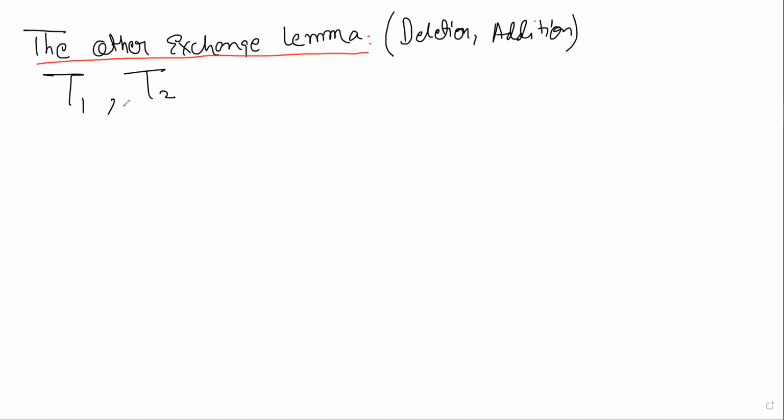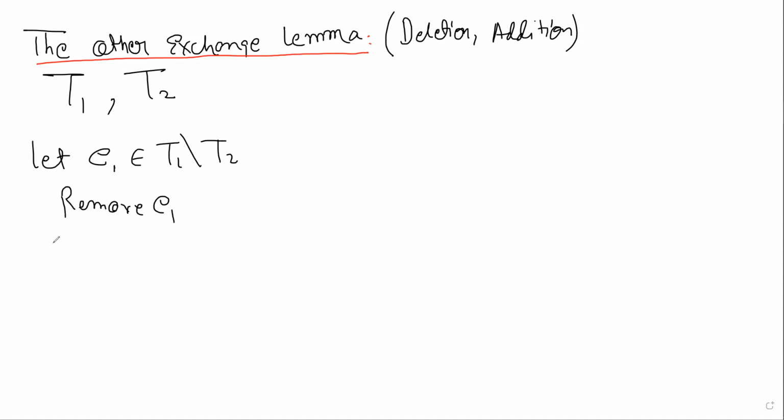So then this is the other lemma. Here what we are trying to say is that if E1 is in T1 and it is not in T2, remove E1.